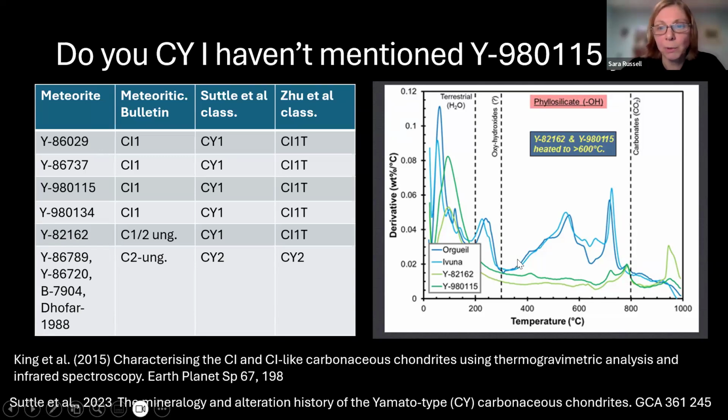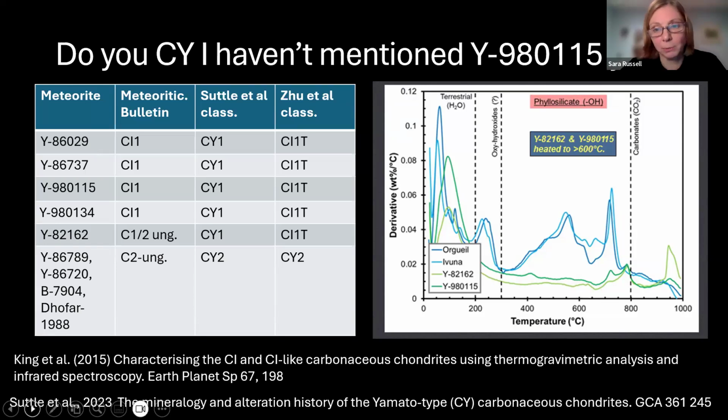That's all terrestrial, but also lots of water comes off between about 400 degrees and 800 degrees. And that is because there's water trapped in the phyllosilicate structure. But the Y chondrites, the Yamato-type chondrites, they do not have water coming off in this temperature range. That's because they've been heated up to over 600 degrees centigrade. And what that's done, it has dehydrated their phyllosilicates.